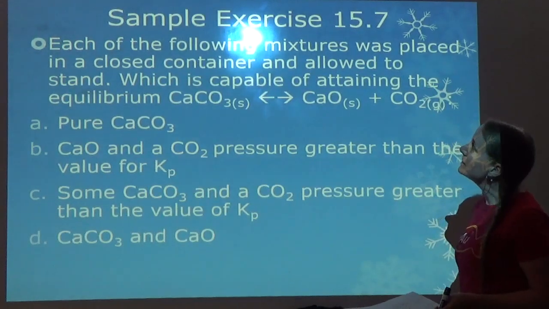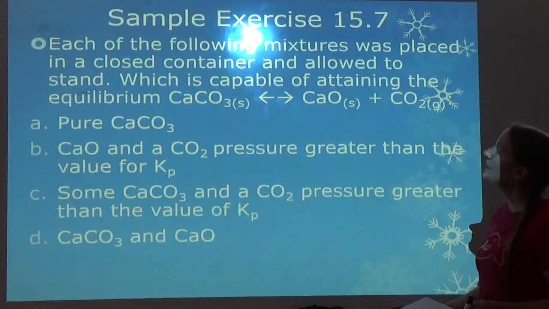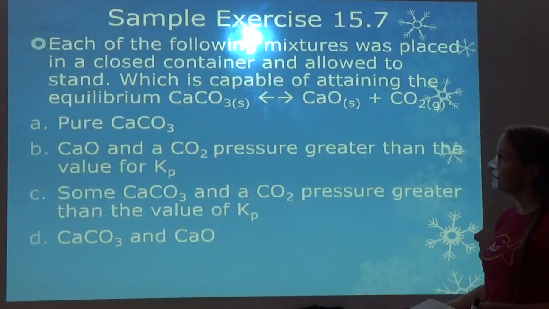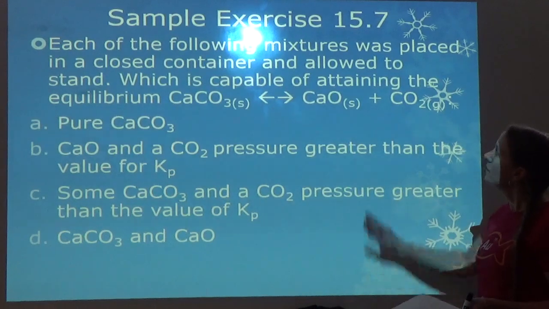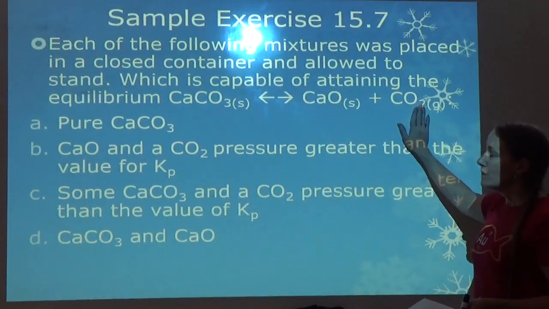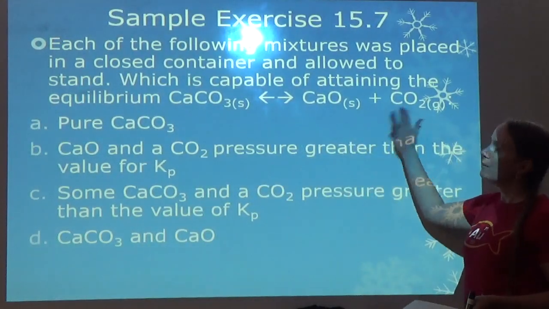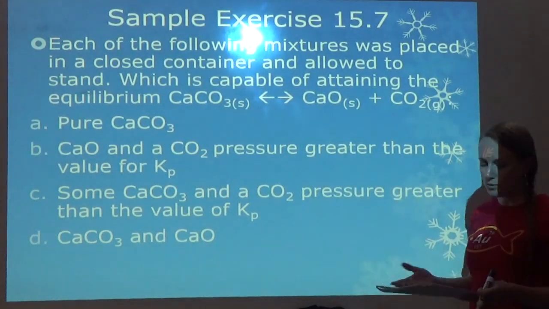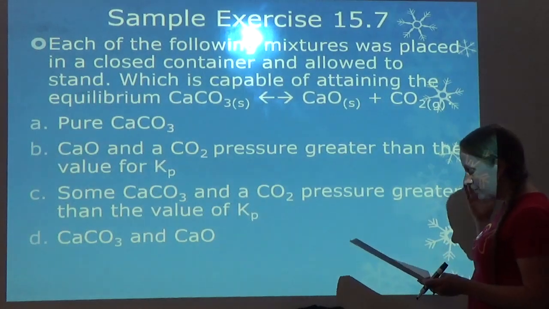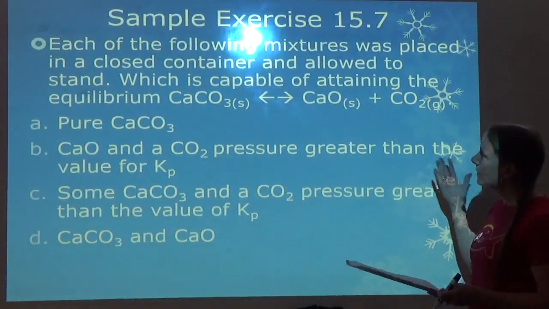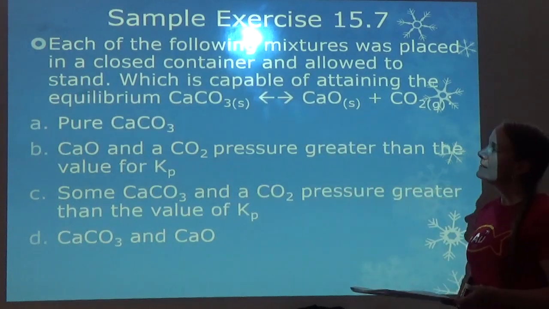The next one says, each of the following mixtures was placed in a closed container and allowed to stand. Which is capable of attaining the equilibrium, this reaction right here? We have 4 options, and it's asking which of these is able to make our equilibrium. It says pure CaCO3.